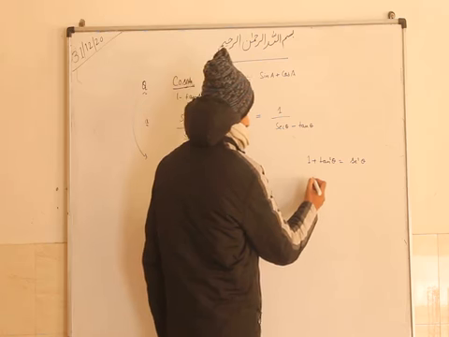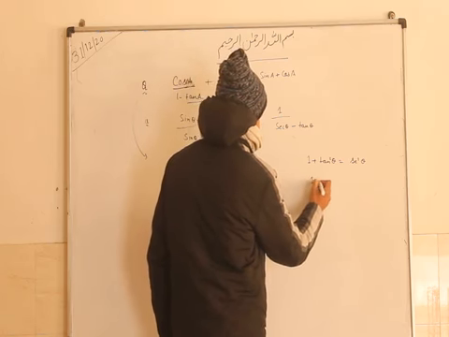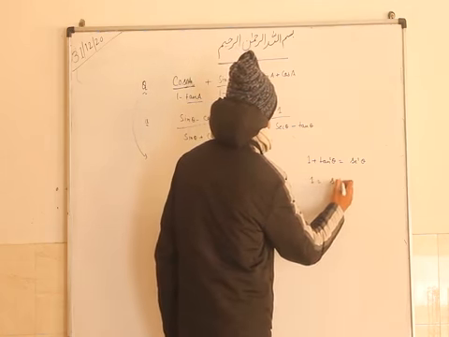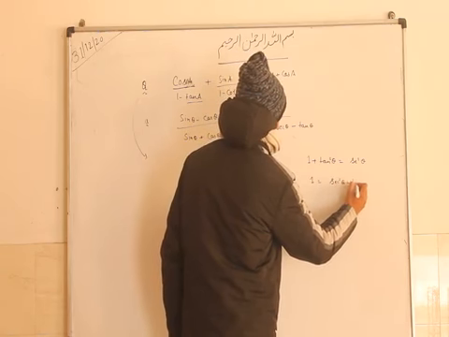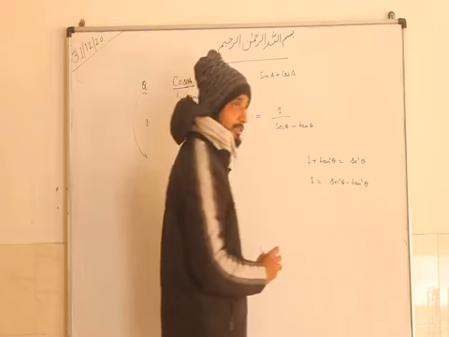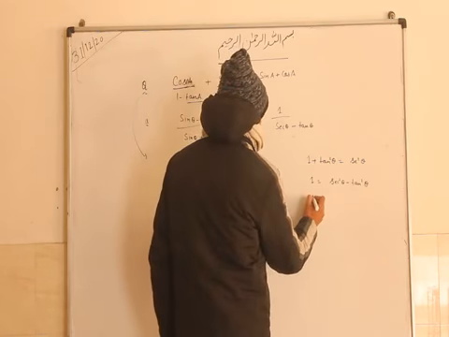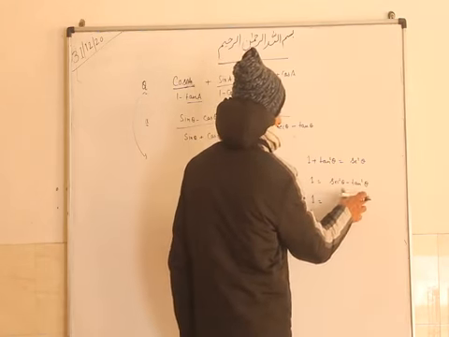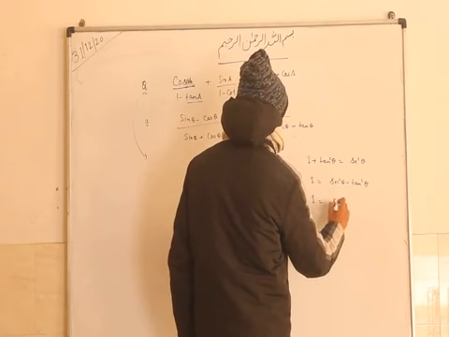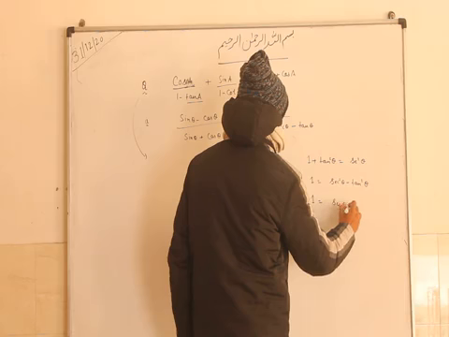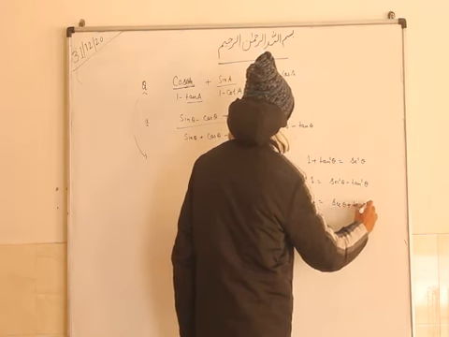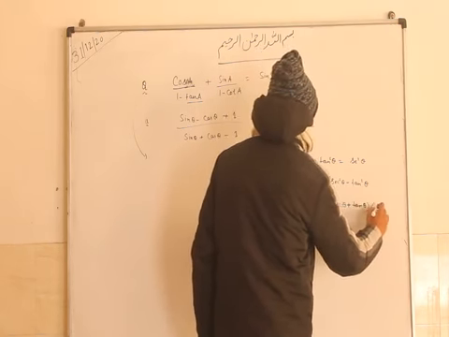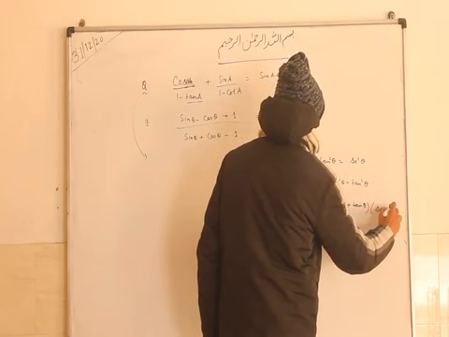So what changes can we make here? 1 is equal to sec square theta minus tan square theta. Now 1 equals a square minus b square, so we can write it as sec theta plus tan theta, whole into sec theta minus tan theta.